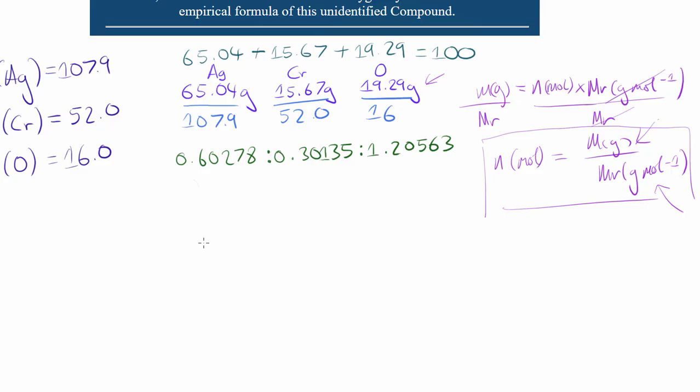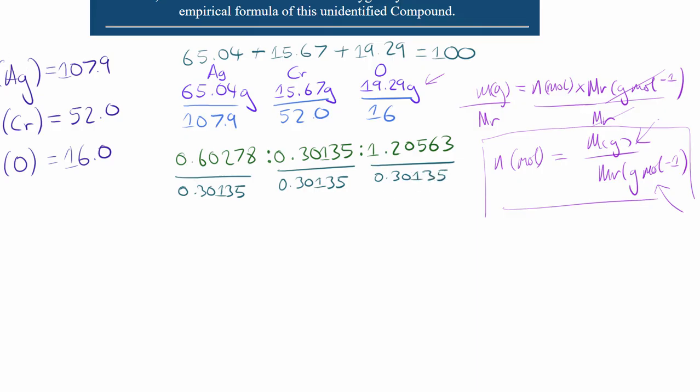And in this case, the smallest number is the 0.30135 that relates to chromium. So let's go through that process now. We divide by 0.30135, right?